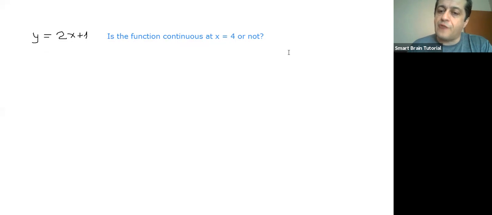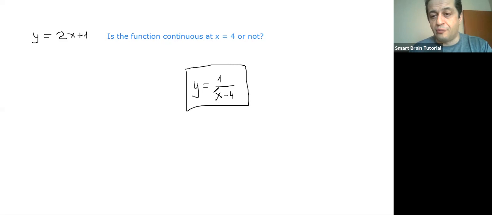If we have a fraction, if the function would be y is equal to 1 over, let's say, x minus 4, the function is not defined at this point because 4 minus 4 is 0 and we cannot divide by 0. So in the point 4, in this function we would have a breaking point. However, we don't suspect to have any breaking point in this kind of function.